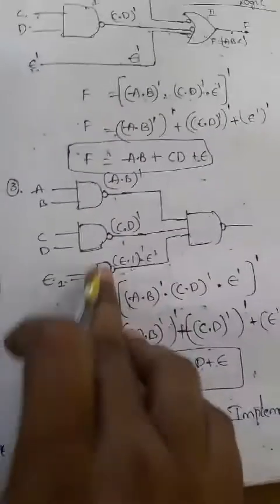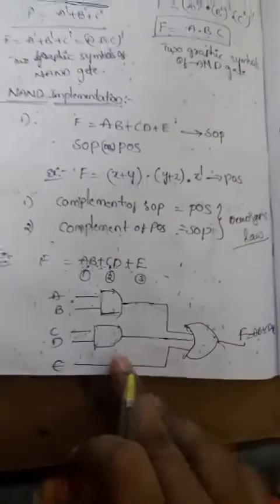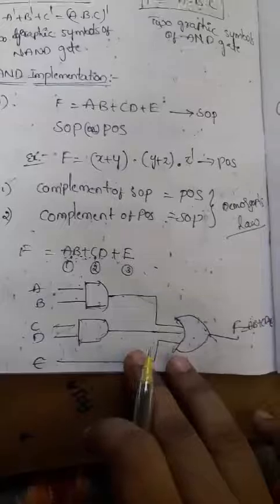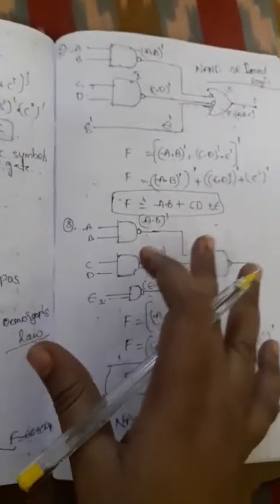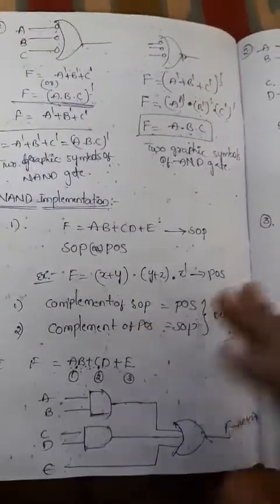If any single variable is there, that is also converted to its complement by using a NAND gate. So we follow some rules to implement the NAND function, right?